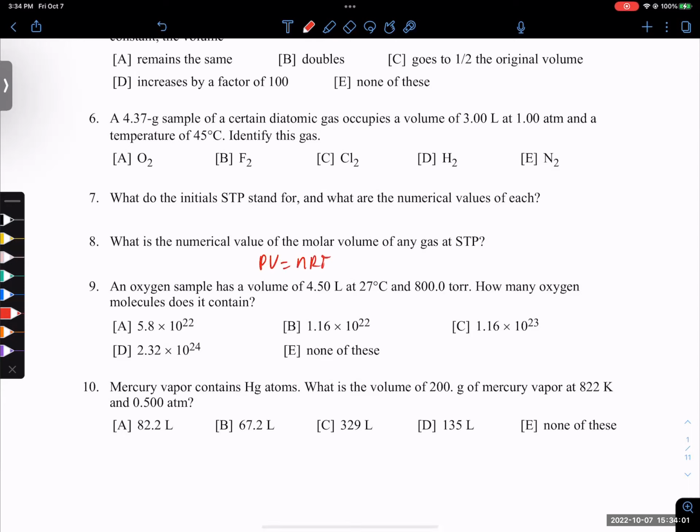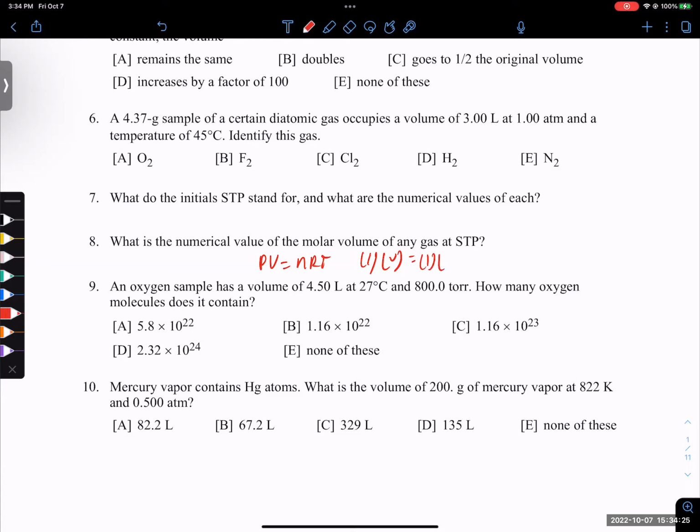And what are we trying to solve for in this case? Volume. Let's say our pressure is 1 atmosphere. Volume, we don't know what it is. Moles, we do care what it is.